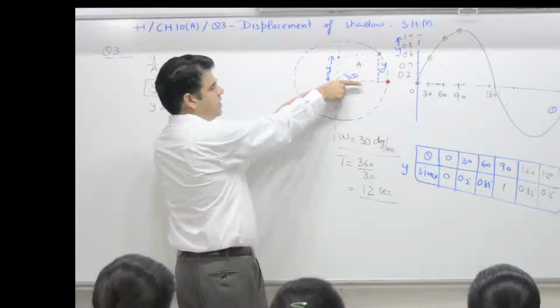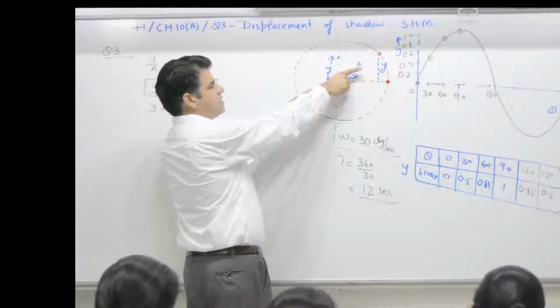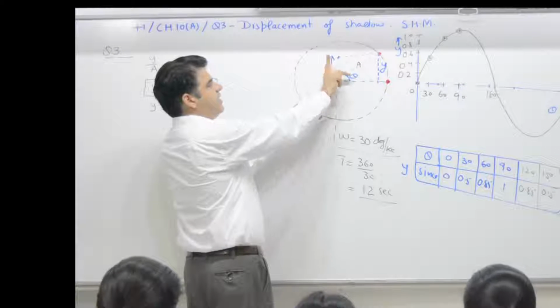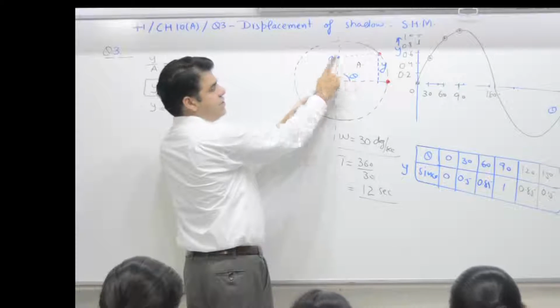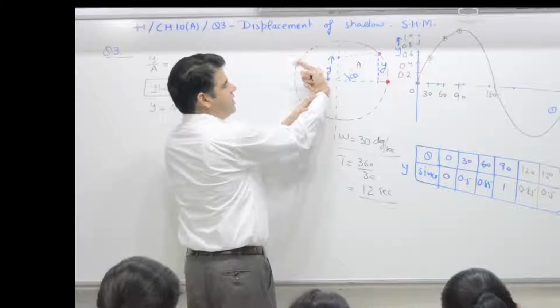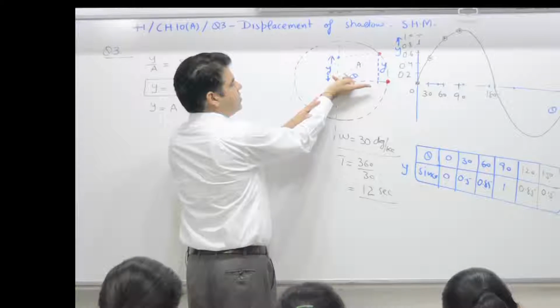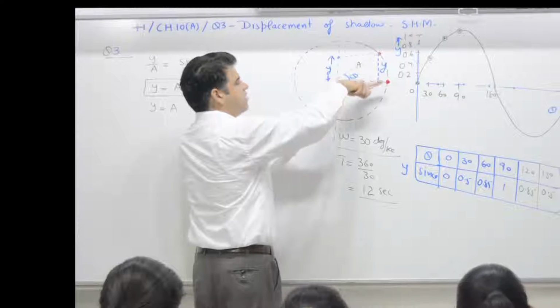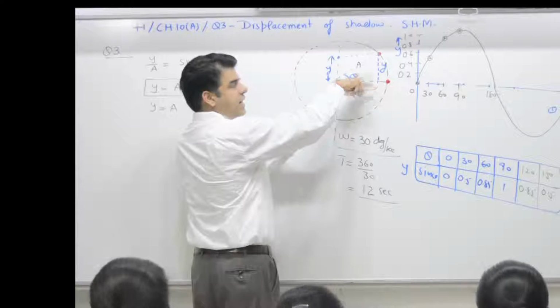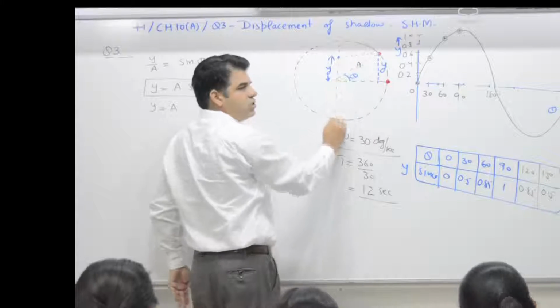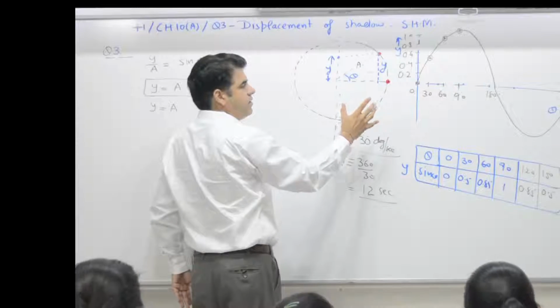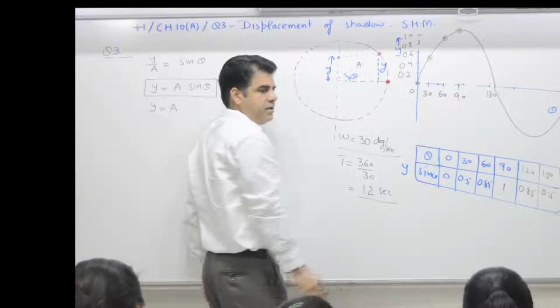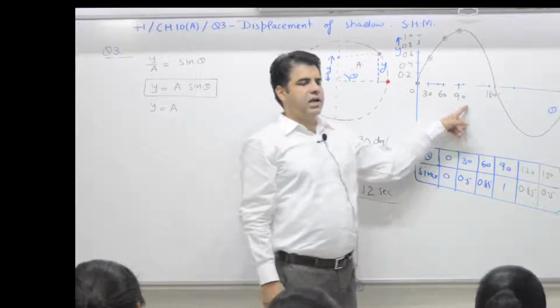As this red color particle moves, theta increases 30 degree, 60, here it is 90 degree. So as this particle moves, theta changes: 0, 90, 180, 270, 360. And displacement also changes. So the graph represents displacement as a function of angle.